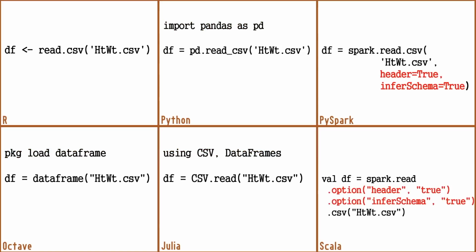Another thing to note is that the Scala and Python APIs for Spark assume that our CSV does not contain a header row and that we want our column data types to default to strings. On the other hand, R, Python, Octave, and Julia all make better assumptions about typical CSV files, so we do not need to override any of their defaults.